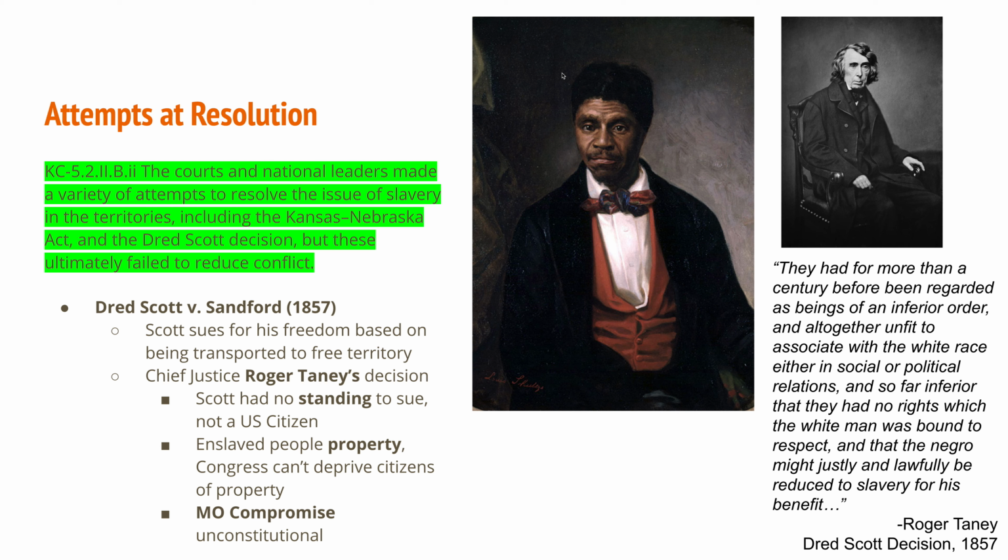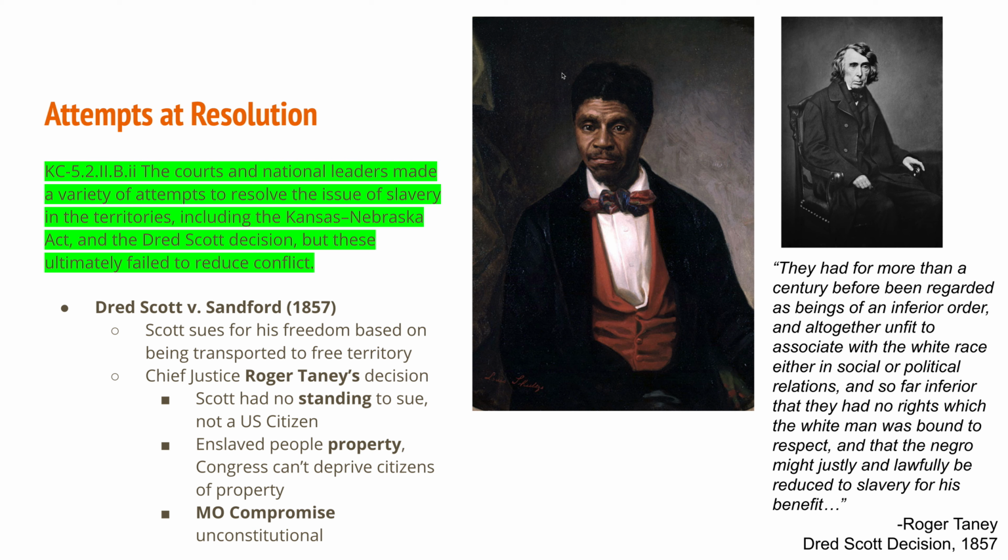And then lastly, because of the previous ruling, the Missouri Compromise is now unconstitutional because you cannot create a line that says north of that line, U.S. citizens are likely to lose their property, and south of that line, they are able to keep it.